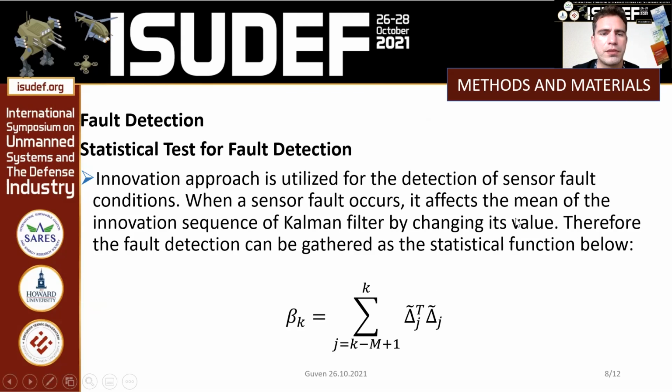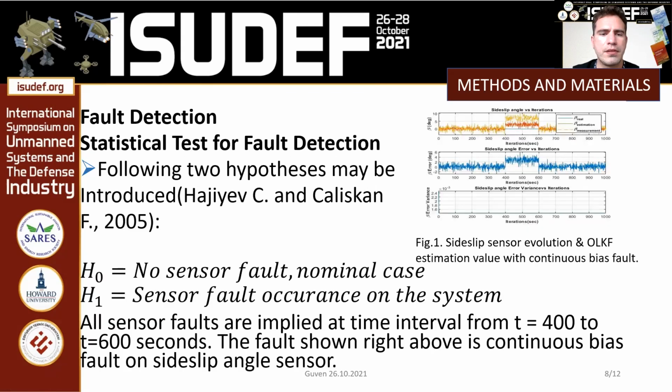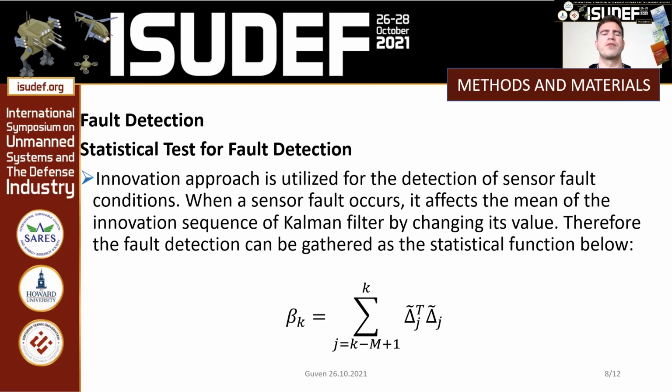After fault detection, we have a function beta k, which is a statistical function. It gets the statistical value of the innovation of the Kalman filter, and you can see its value when a sensor fault is absent.